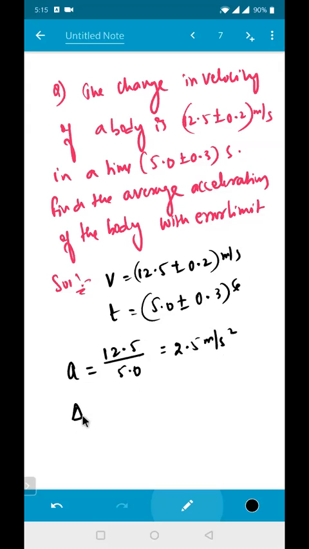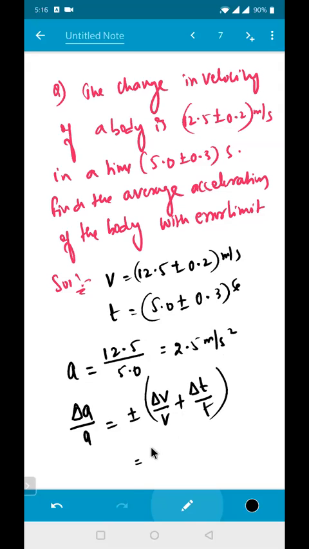If I'm writing the error for this one, delta A by A is equal to plus or minus of delta V by V plus delta T by T. I hope you remember this one. Substituting the values, it is 0.2 divided by 12.5 plus 0.3 divided by 5.0.